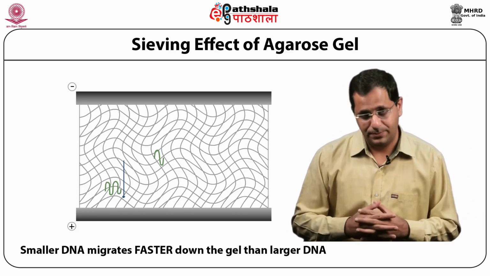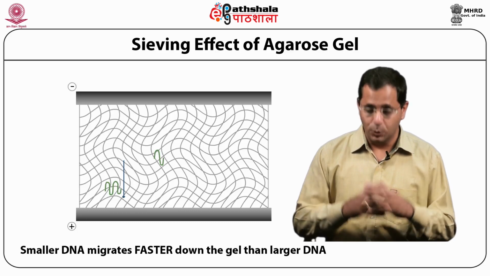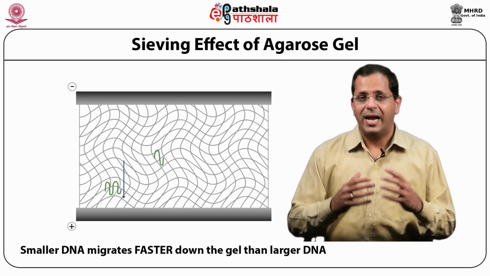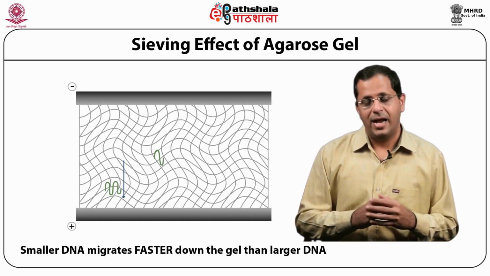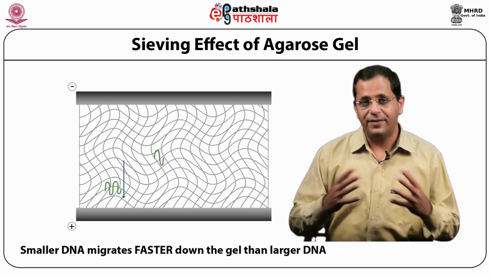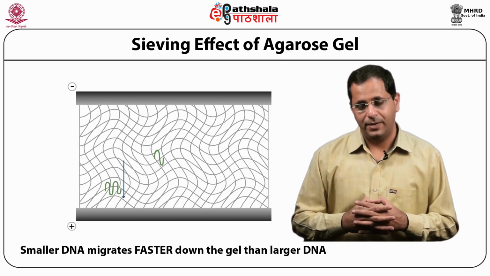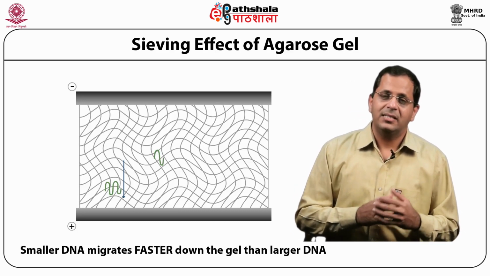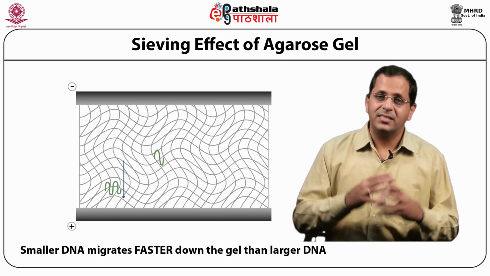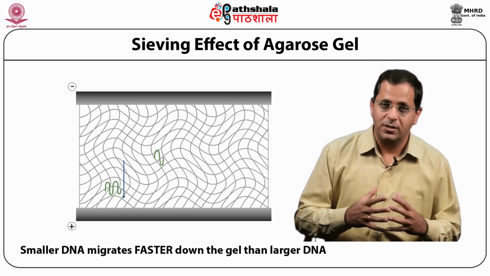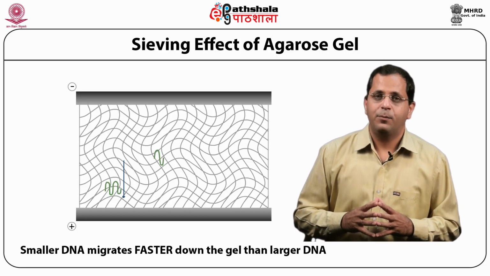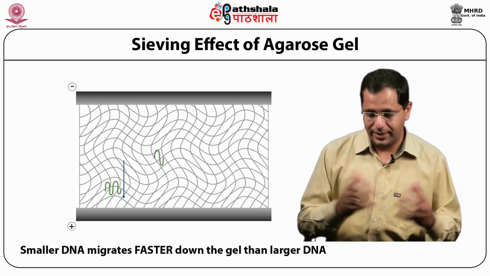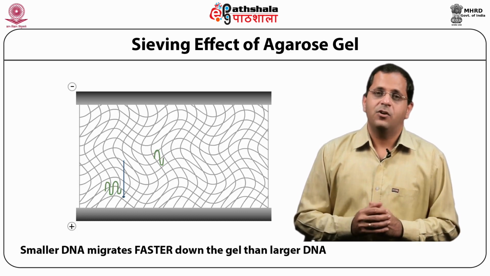The 500 base pair fragment, though with difficulty, would go from one end to the other at its own pace, and of course it would be very difficult for the 1000 base pair fragment, as it would keep hitting the meshwork, which is the retardation force on these DNA molecules. This is the basis for separation of DNA fragments on the agarose gel.